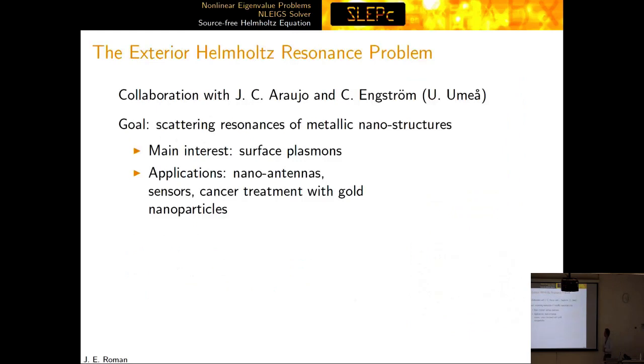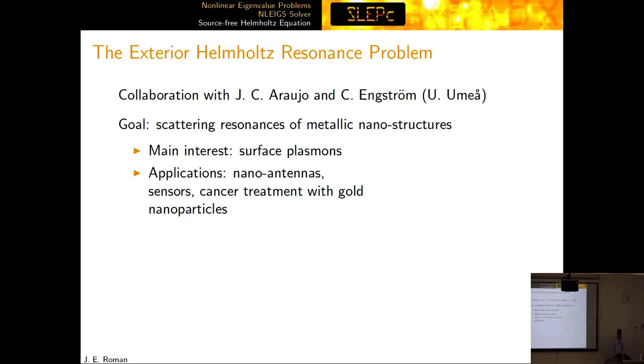The difference is that it's not a periodic structure, but it's related to open problems. Exterior Helmholtz resonance problem. This is a collaboration with people from Sweden, and here we want to study the scattering resonances of metallic nanostructures. And this has many applications, for instance, even in cancer treatment with gold nanoparticles.